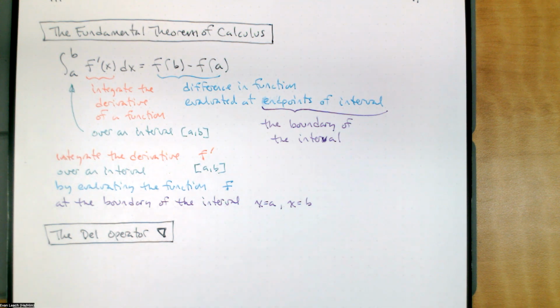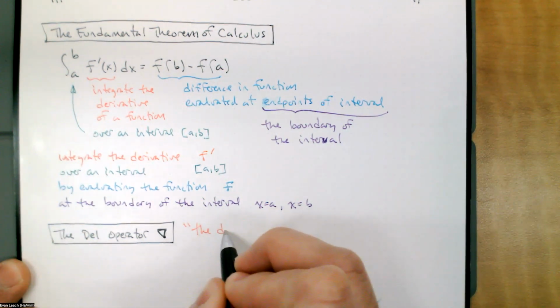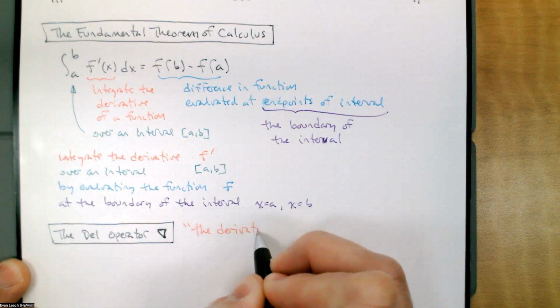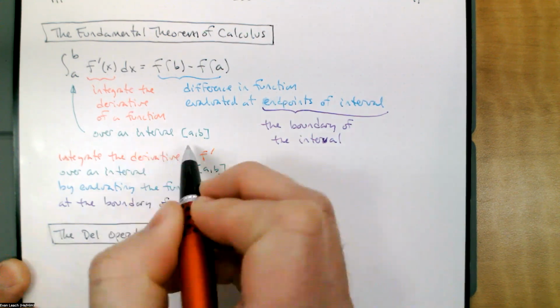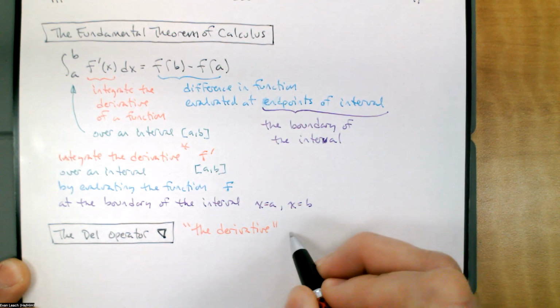And this is the thing that's going to stand in for the derivative. The del operator is the derivative for vector calculus. This is going to be the derivative, but for vector calculus.